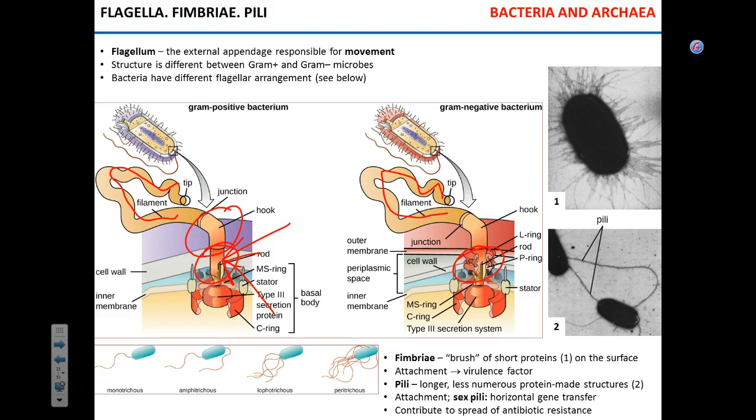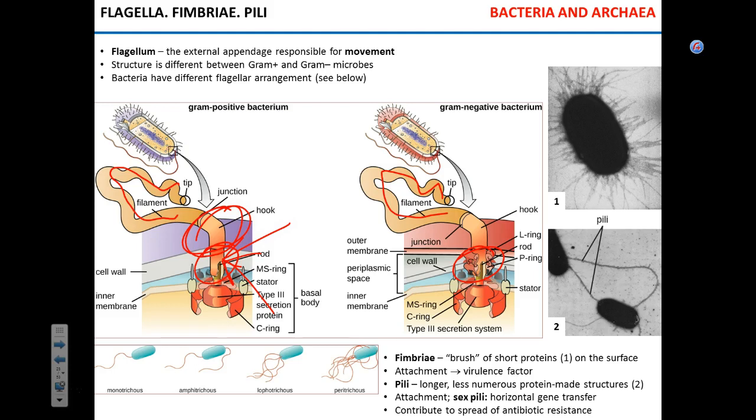As it rotates the hook, when hook rotates, flagellum rotates. So it's like a propeller in the back of bacteria. Does that make sense? Now, what I want you to know about the assembly of flagellum, the only thing is that it's rod, hook, and filament.